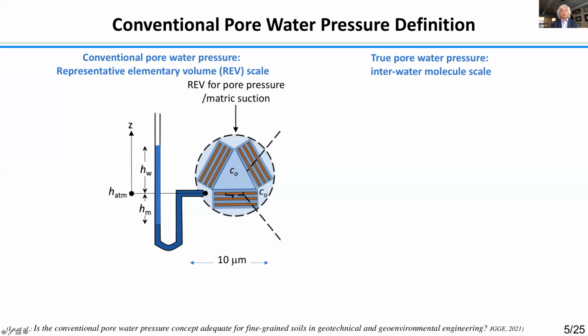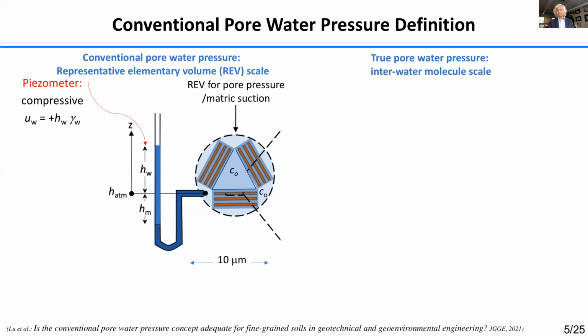In this case, we have soil, we have water. In the case of partial saturation, we have air. Because any quantity we define fundamentally, the pressure, the temperature, and the stress, has to be within this representative elementary volume. Then we can extrapolate and say, okay, you have one point, you have another point, that cannot change. So conventionally, if we start with the saturated condition, how do we measure pore pressure?